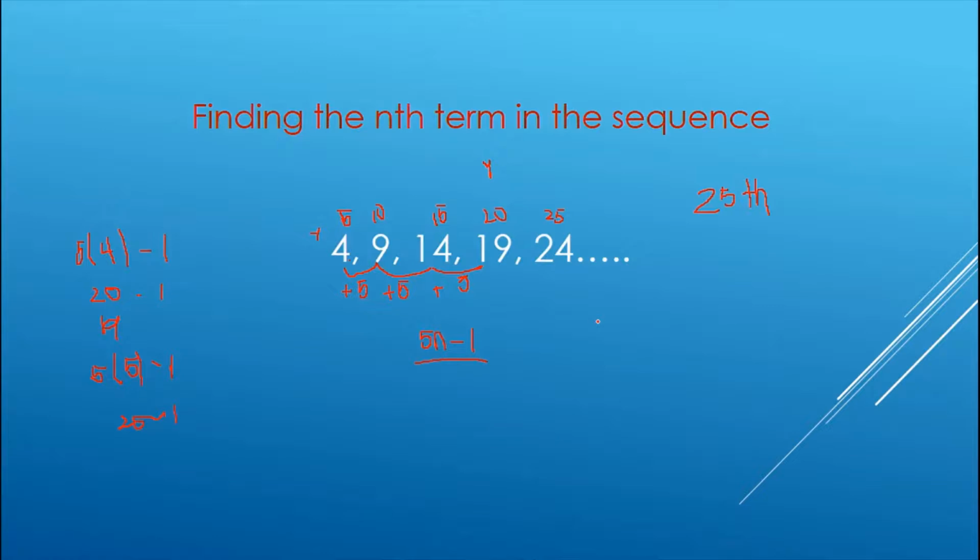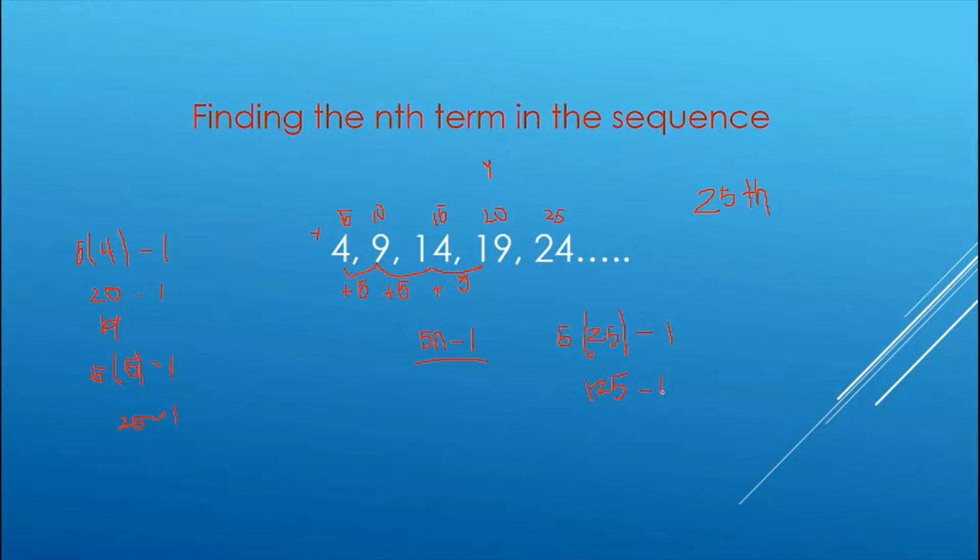So let us now use this one to find the 25th term. 5, and put the number of the term, the 25th term, minus 1. Now 25 times 5 is 125, right? 125 minus 1, and I guess we already have our answer.